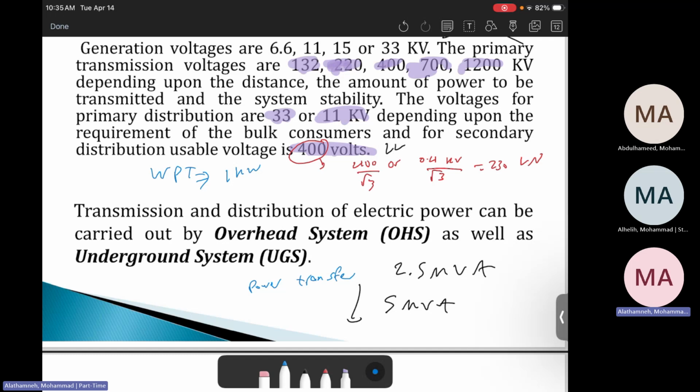We don't need them in distribution or in transmission. So we cannot make a power transfer from one substation to another substation when the distance is 40 kilometers. We don't have that.